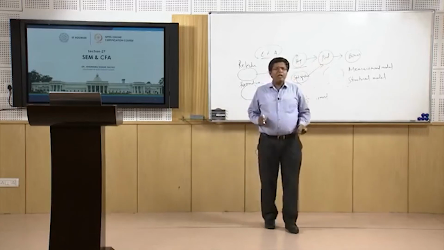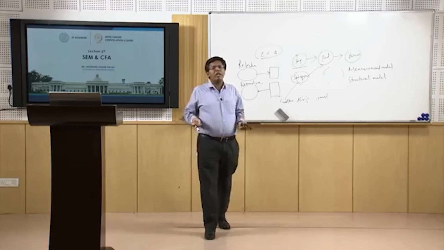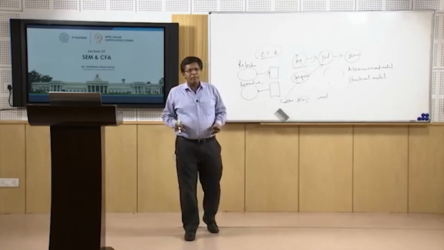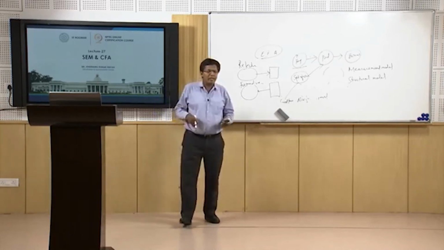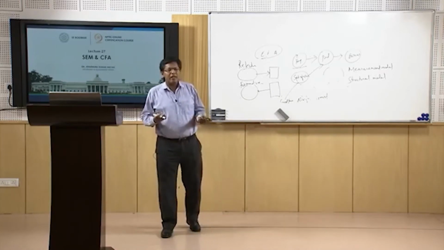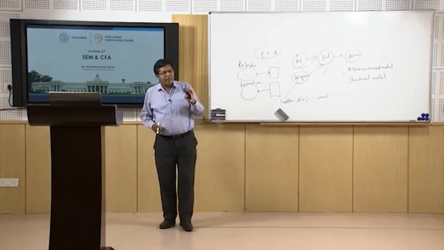A structural model is one where the researcher is basically testing a set of relationships. So his intention is to measure the relationship, how it affects, and tries to determine the path estimates, and from there he can come to some kind of a conclusion or an inference, which is not done in the case of a measurement model.